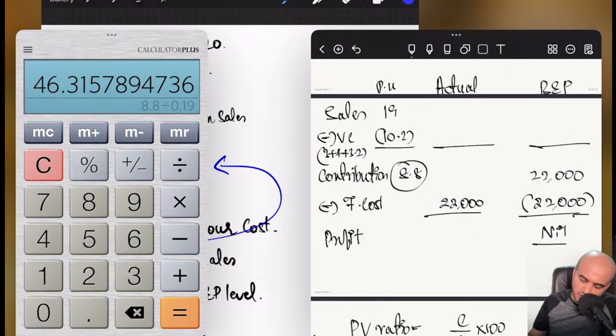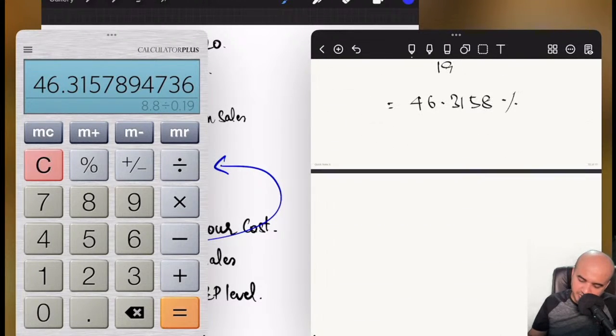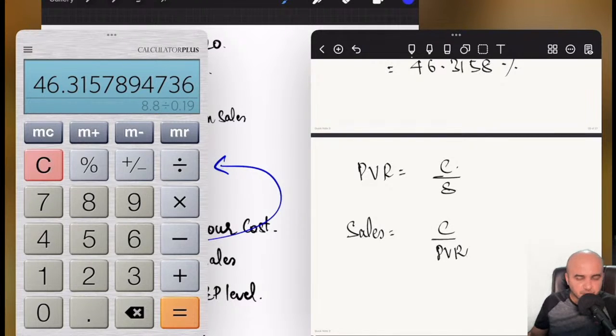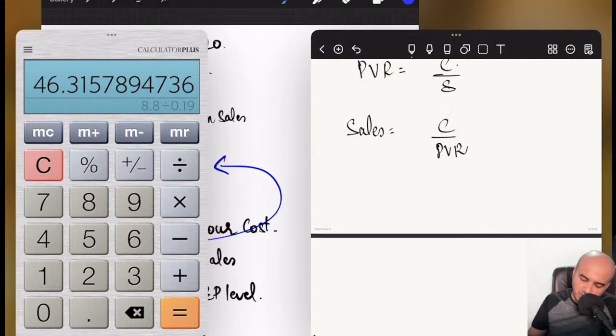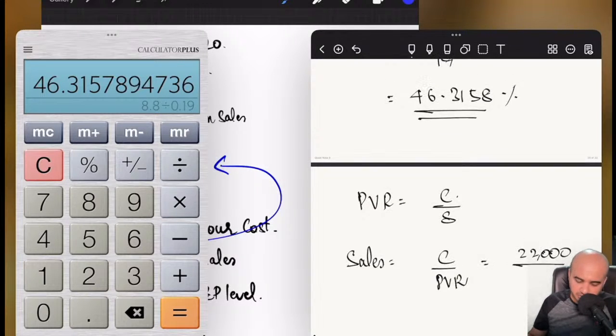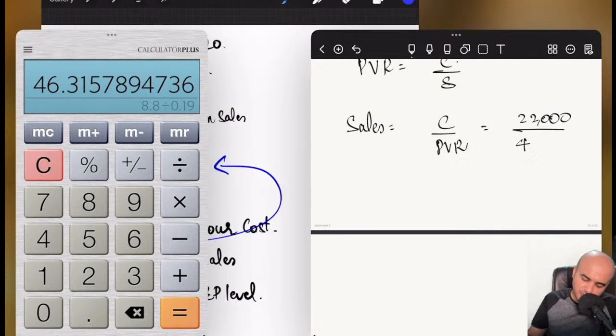Because we know the contribution in case of BEP level, let us try to identify the sales there. For example, PV ratio equals contribution by sales, whereas sales equals contribution by PV ratio. So in our case, contribution we know is 22,000 divided by PV ratio of 46.3158%.